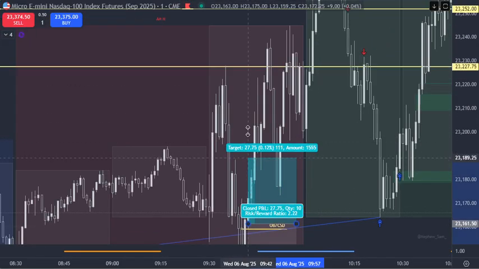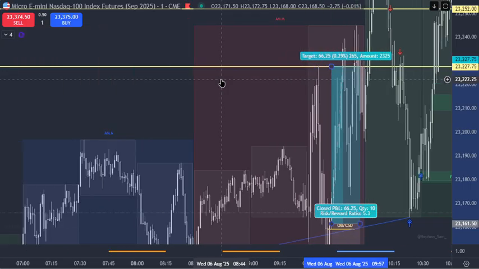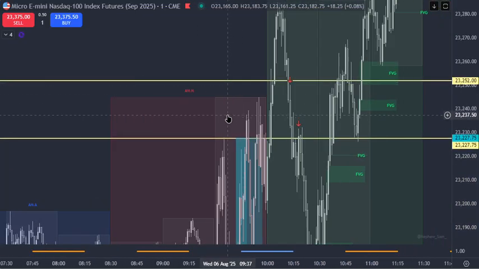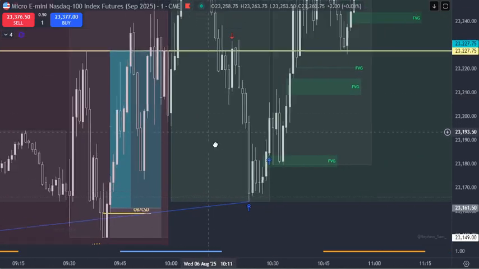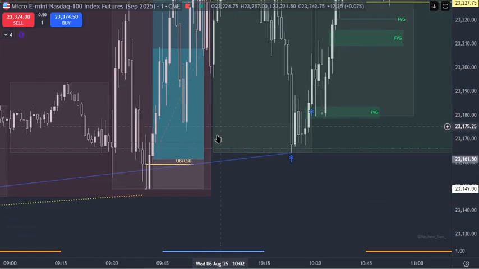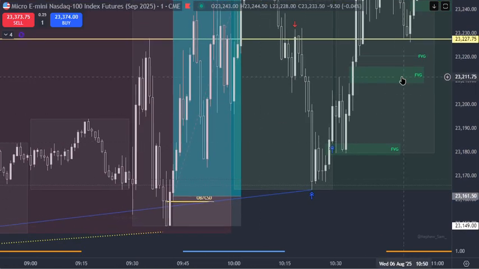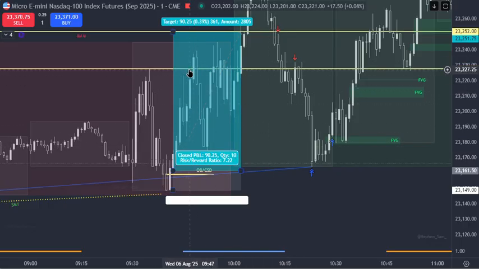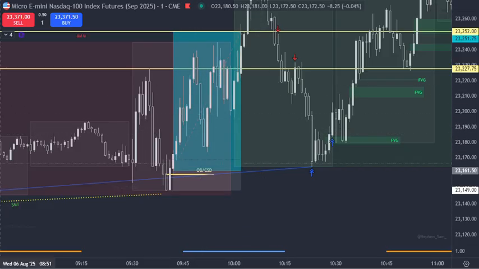I would have targeted these equal highs, which were the London highs, and then yesterday's PM session. This would have been my final target. So TP1, and honestly, I would have taken TP1, and my runners would probably have been stopped out, to be honest, because if we were still bullish, I would have had this as support.